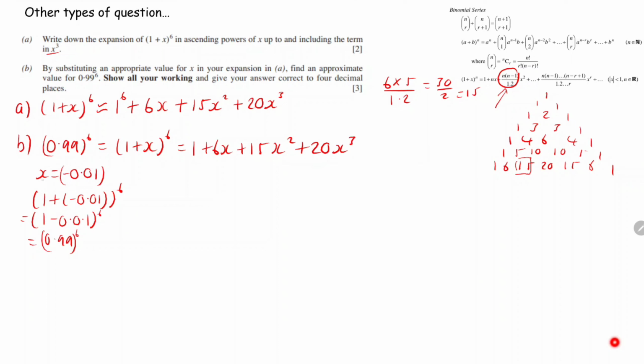So what we're going to do now is substitute x as minus 0.01 into this. So that gives us 1 plus 6 times minus 0.01 plus 15 times minus 0.01 squared plus 20 times minus 0.01 cubed.